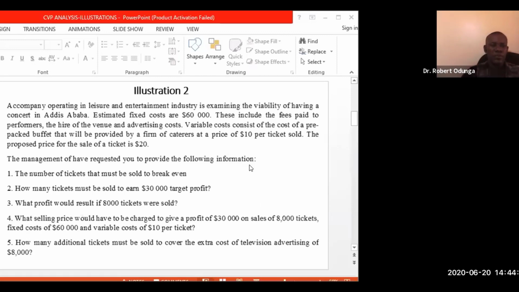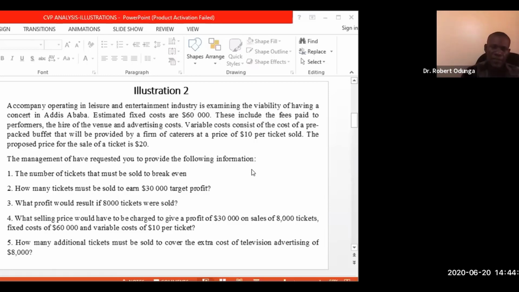Illustration 2. A company operating in the leisure and entertainment industry is examining the viability of having a concert in Addis Ababa. Estimated fixed costs are 60,000. This includes the fees paid to performers, the hire of the venue, and advertising costs.